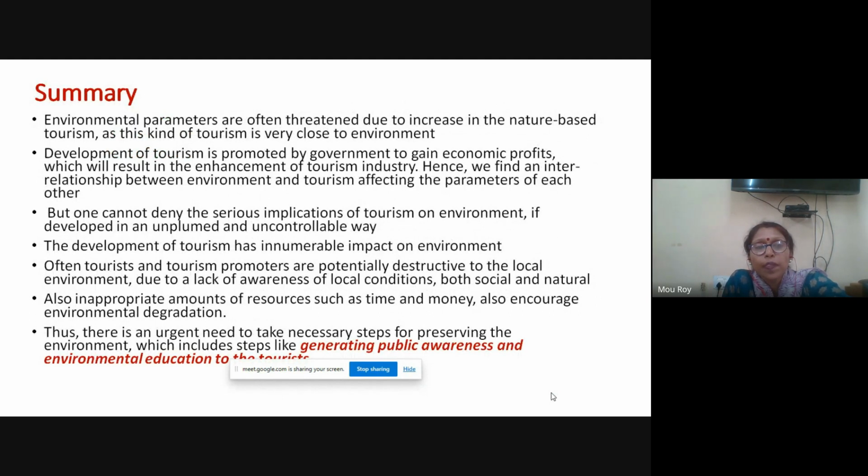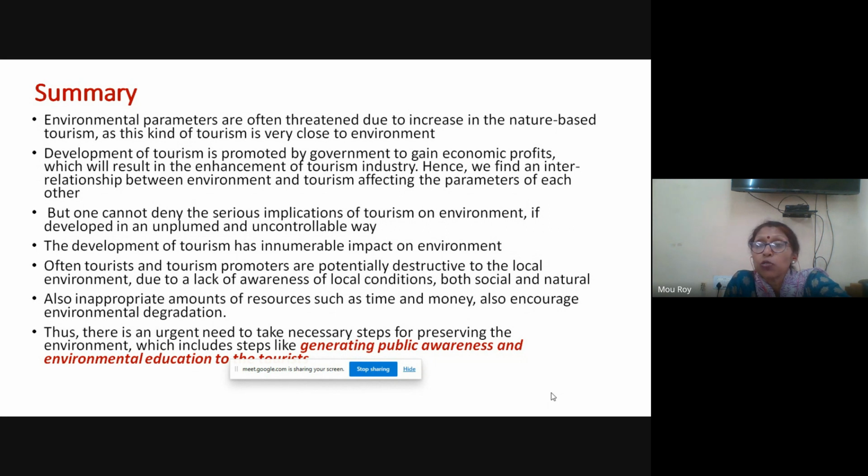These environmental parameters are often threatened due to the increasing nature-based tourism, as this kind of tourism is very close to the environment. We are talking about nature-based tourism. So what is the other name of nature-based tourism? It is known as ecotourism.